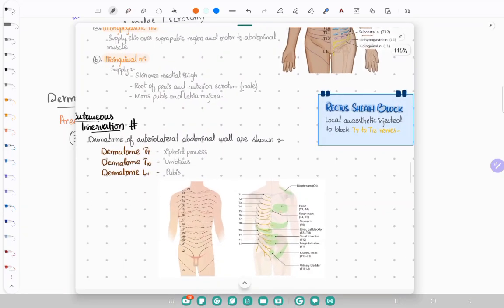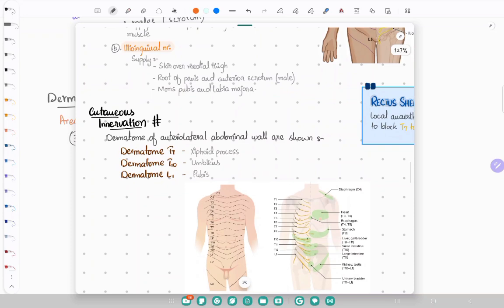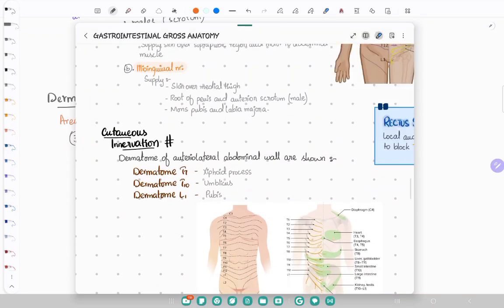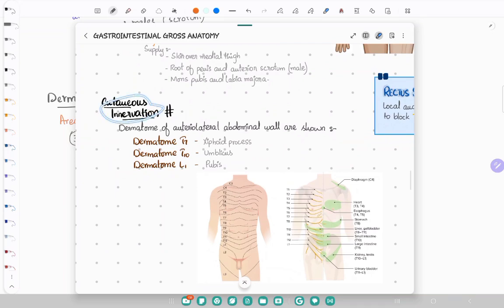As you can see here in the Med Climber notes, the cutaneous innervation, the dermatomes of the anterior abdominal wall.